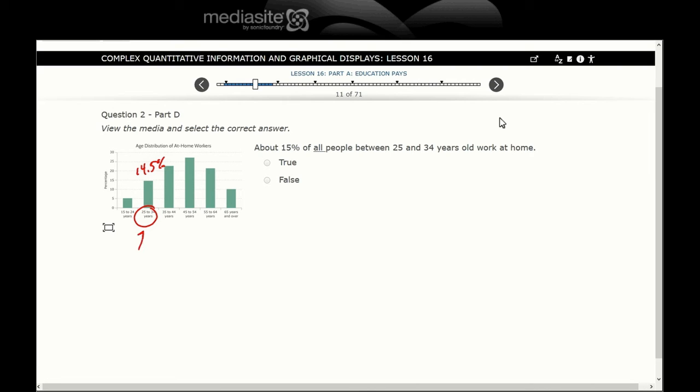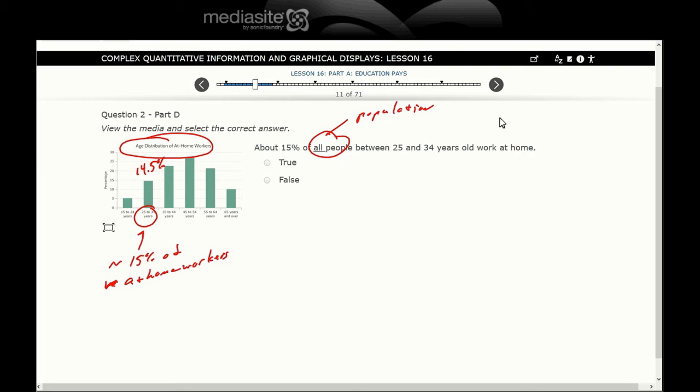What is this? This is about 15% of at-home workers. Okay, 50% of at-home workers. So these are people who are already working at home that we looked at. The question is 50% of all people, basically population.